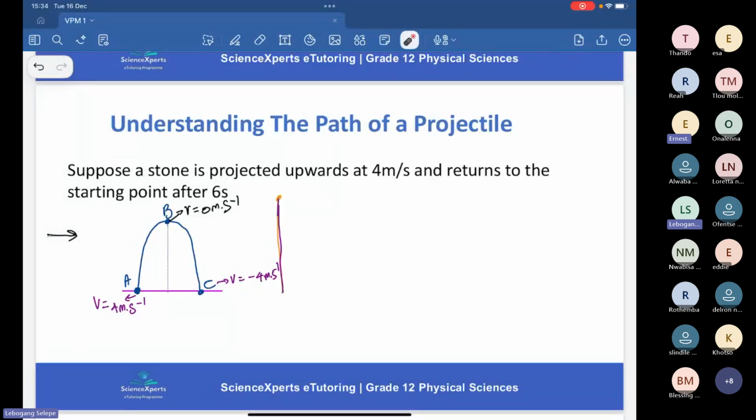You understand what I'm trying to say? You are saying the gradients are the same in magnitude. Remember what is gradient?